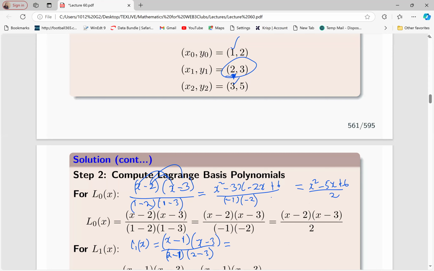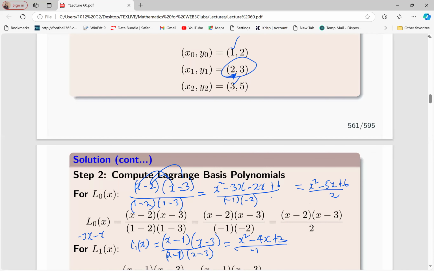Now, what does our numerator become? x times x will be x squared. Then x times negative 3 will be negative 3x. And then negative 1 times x will be negative x, which gives us negative 4x, because that is negative 3 and negative 1. And then negative 1 times negative 3 will be positive 3. Now, the denominator has 1 in the first bracket and negative 1 in the second bracket.